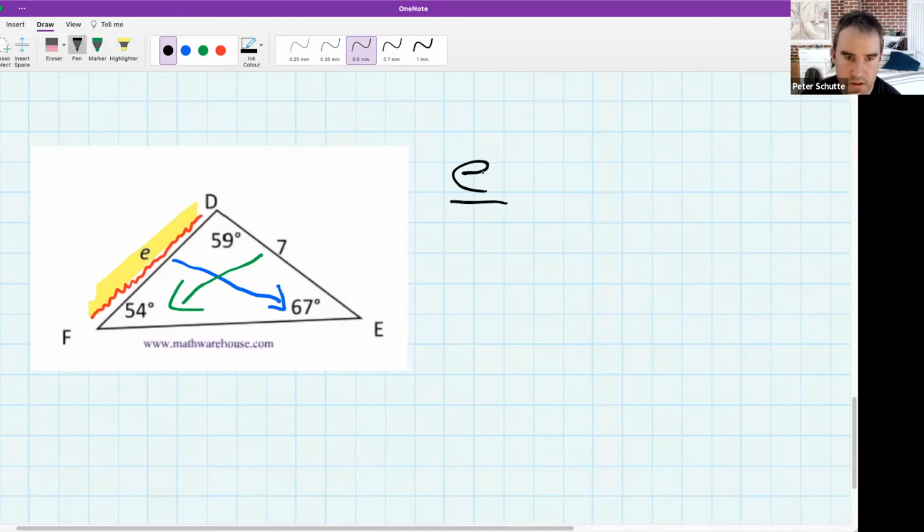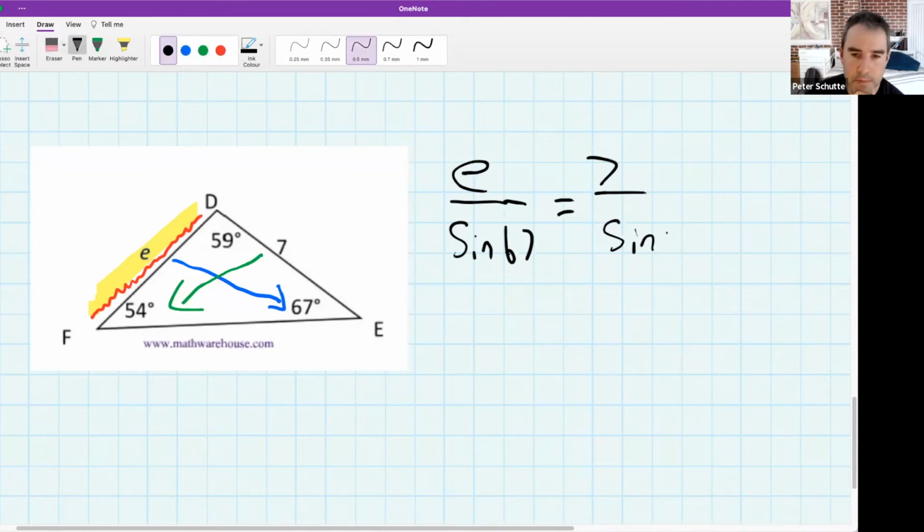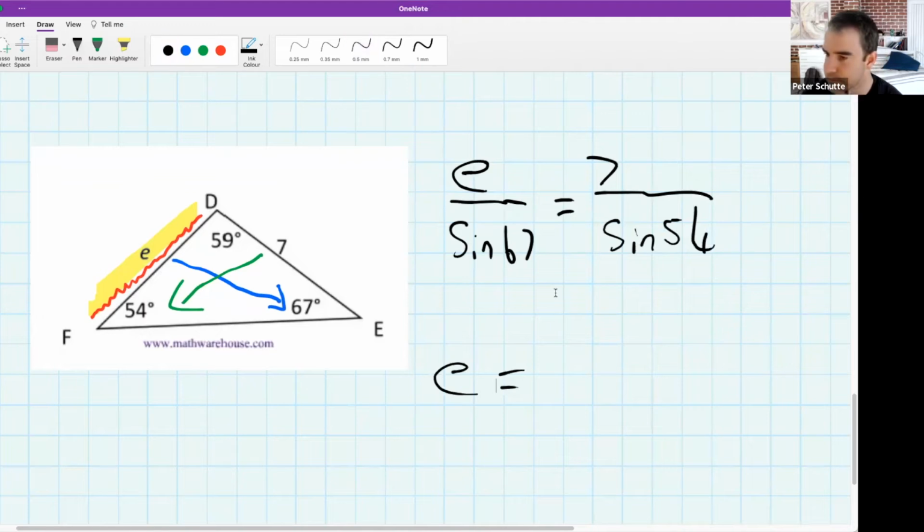And then according to the sine rule, I should write the sine of the angle opposite that. But if I just finished there, I'd be stuck. So I need a combination that has a side, and the only other side in this question is the 7. So I write that down. And then I write the sine of 54. Now, what is my final answer for E going to be?